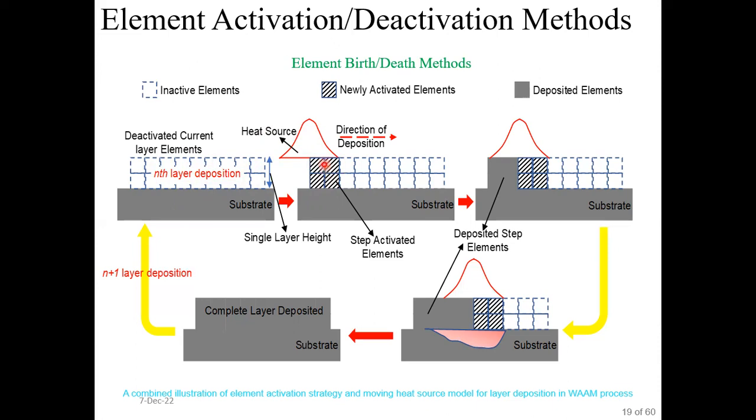at the dedicated time, these sets of elements are activated using the EALIVE command, and after activating those elements, the heat source is deposited. This process continues until the complete layer deposition is formed, and it keeps repeating in a cycle until the deposition of the complete component is completed.